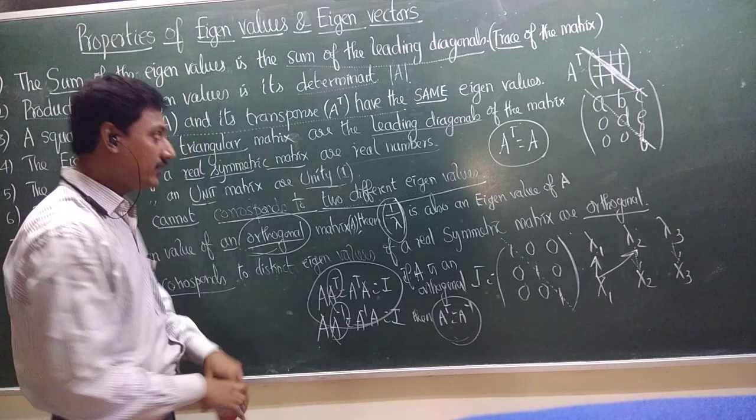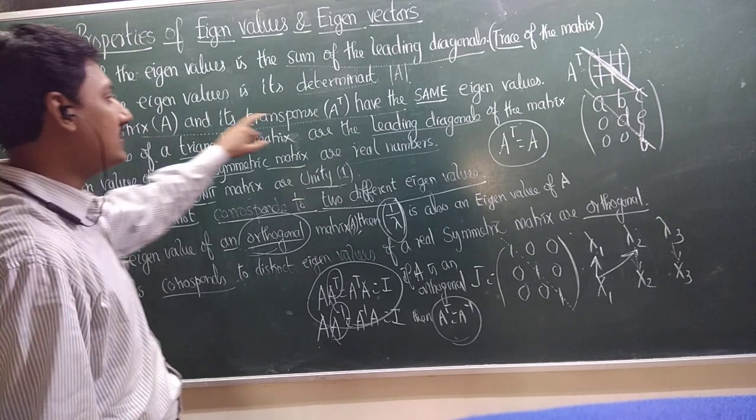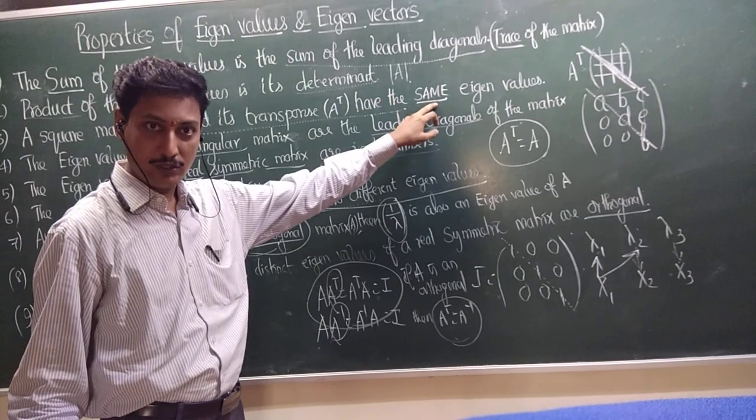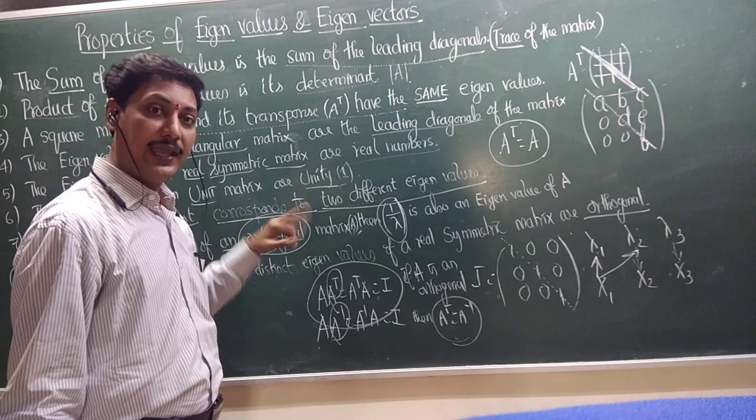Isn't it? Now what does property number 3 say? A square matrix A and its transpose have the same eigenvalues. So if A is an orthogonal matrix, what about the A transpose?